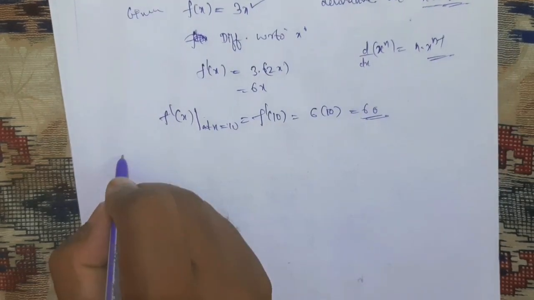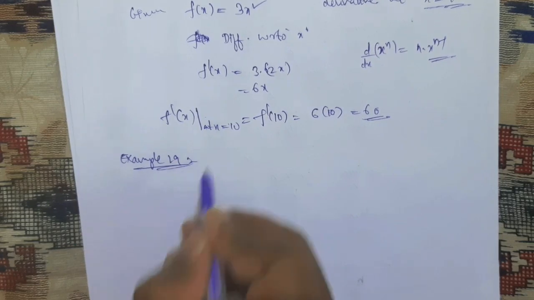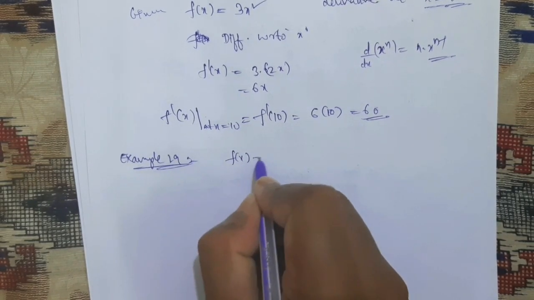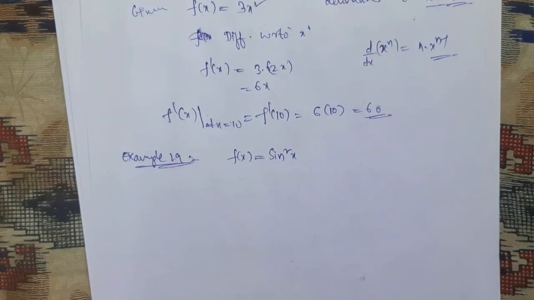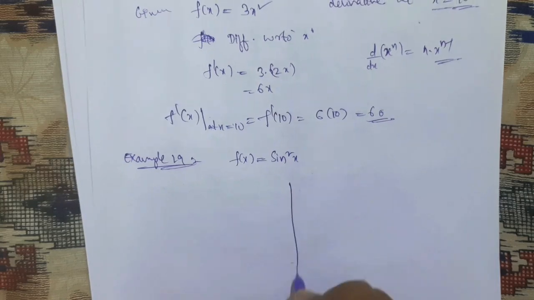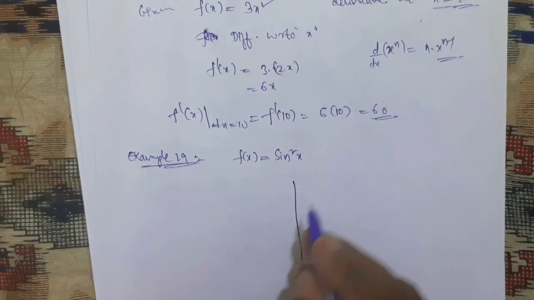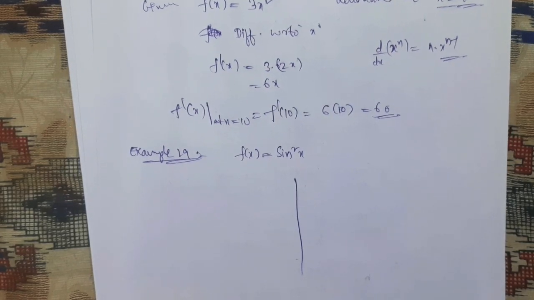Again, for example, consider example 19 from your NCERT textbook: find the derivative of the function f of x equal to sin square x. We can find the derivative of this function in two methods. One is the chain rule method. In offline classes we have discussed the chain rule, and you have done many questions based on it.